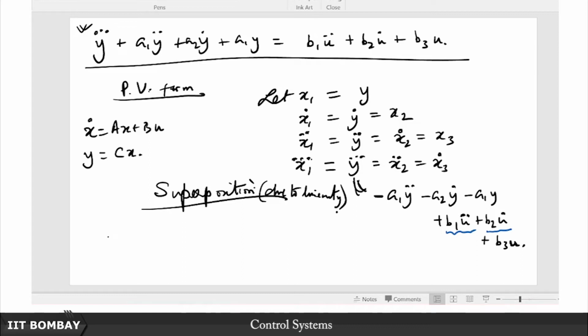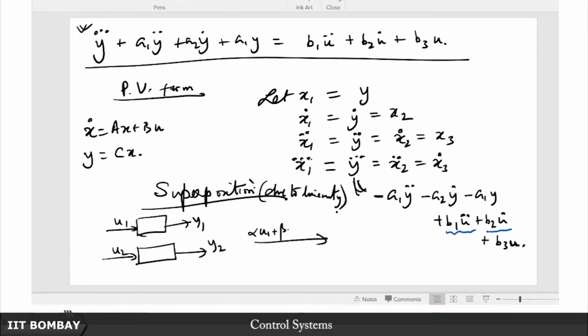So schematically we have u1 leading to y1, just to refresh your memory, u2 leading to y2, then alpha u1 plus beta u2 applied to the same system gives you alpha y1 plus beta y2. So this is basically linearity. This superposition principle works in a linear system.